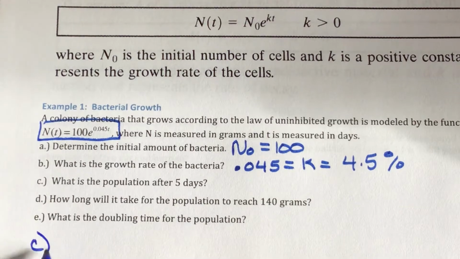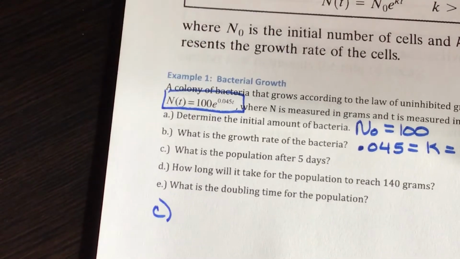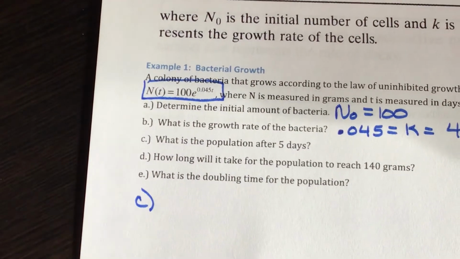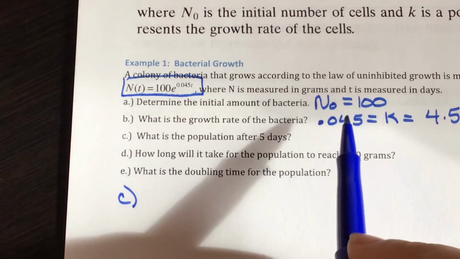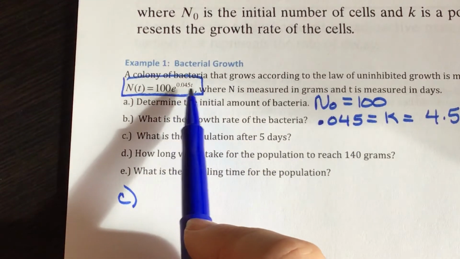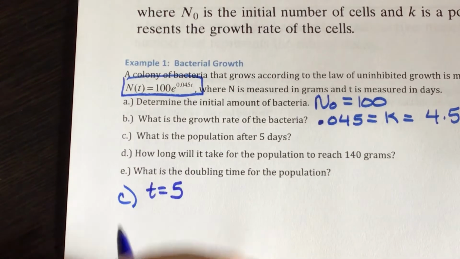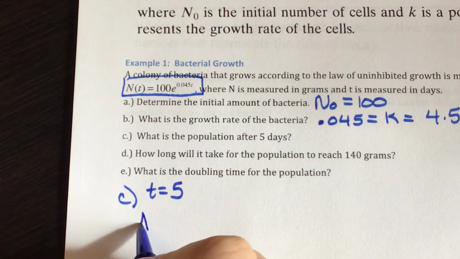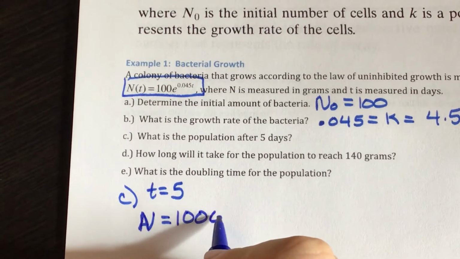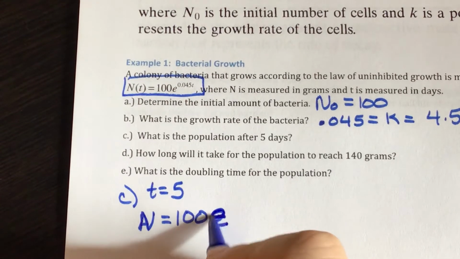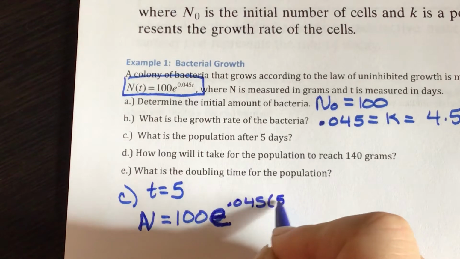So I'm going to calculate part C down here. The population after 5 days, we're going to use the equation, but we're going to plug in 5 for t. So I'm finding a number. I start off with 100, and I multiply that by e to the 0.045 times 5.